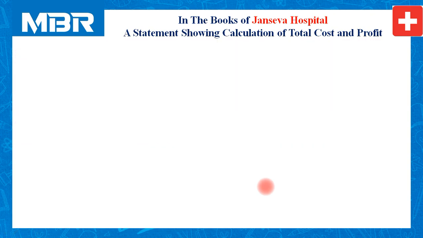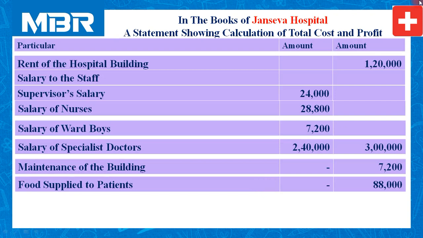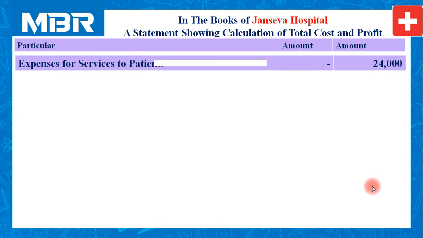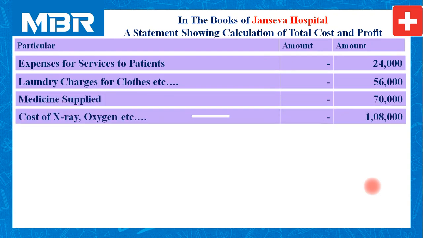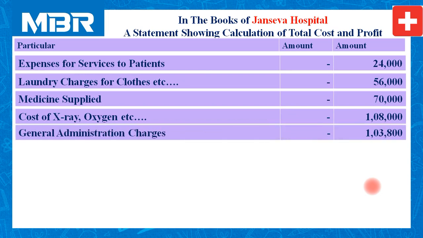Let us have a look. 1,20,000 plus 3 lakhs plus 7,200 plus 88,000 plus 24,000 plus 56,000 plus 70,000 plus 1,08,000 plus the last expenditure incurred on general administration charges, 1,03,800.